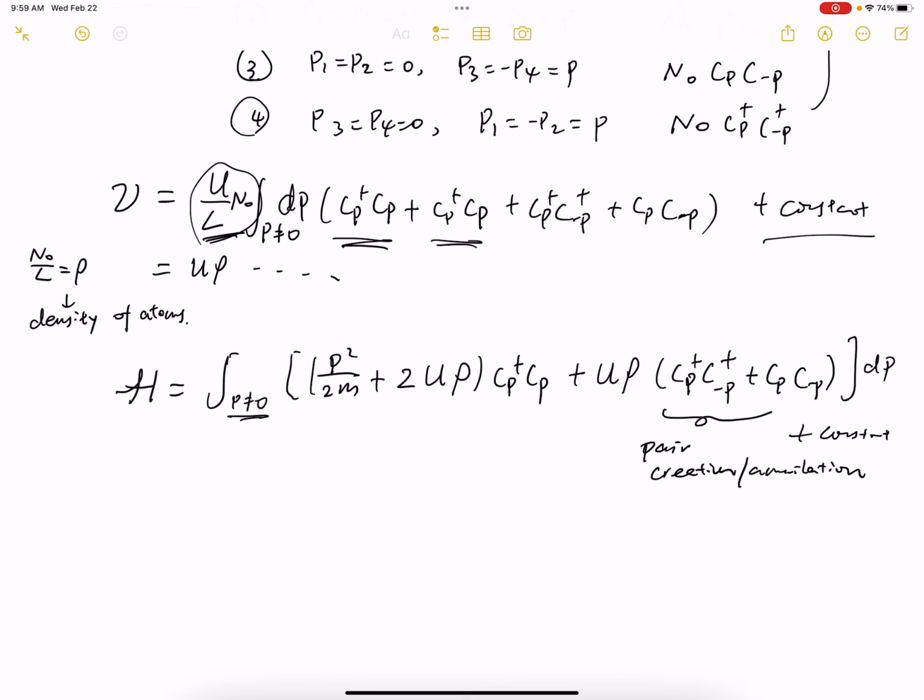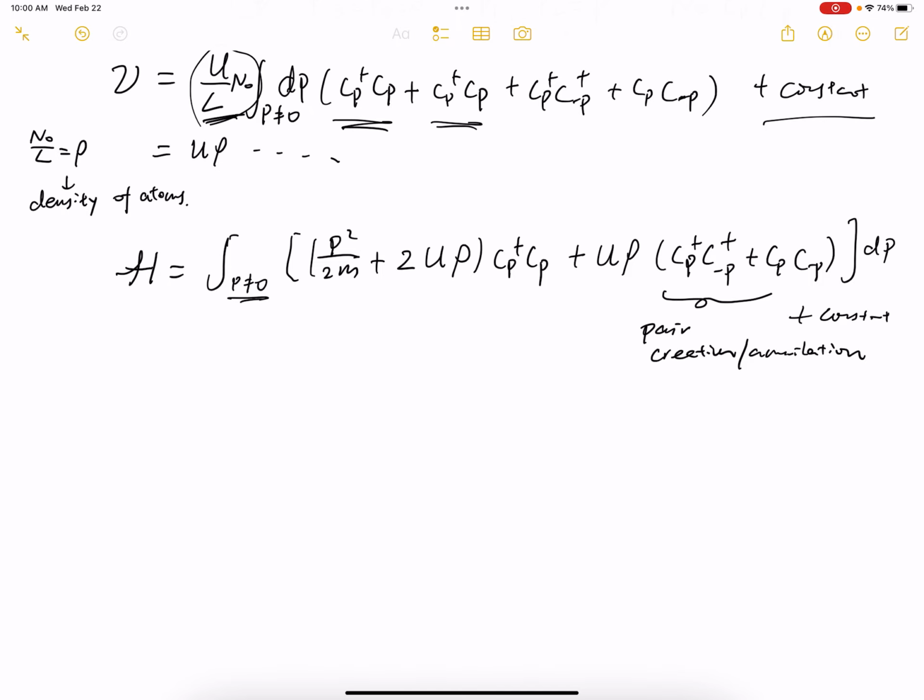Whenever you see these pairing terms, it's usually because you have interaction in your system. Another very famous example is superconductors. You will get a Hamiltonian very similar to this. You will also have these pairing terms. Those are also due to interactions. So if you have no interactions, you can only get the first term, which is your standard non-interacting particle term. So the second term is purely due to interactions.